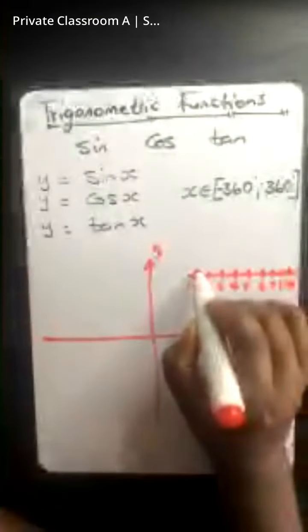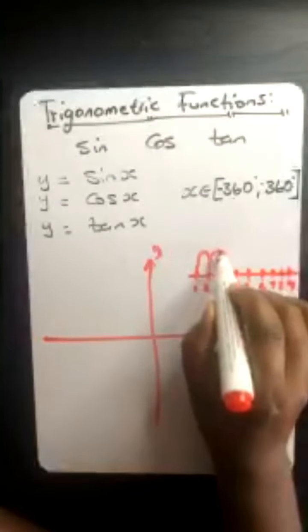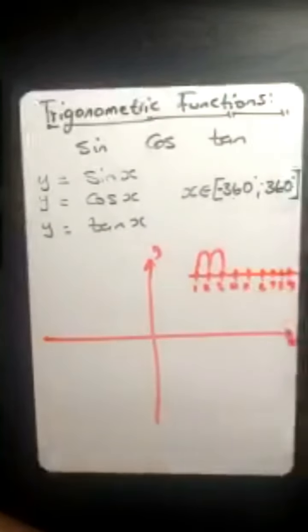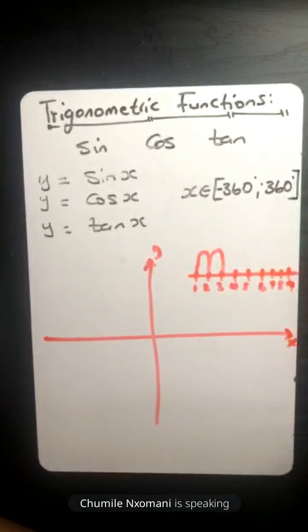I'm going to draw or write something here, Chumi. You tell me, what is this thing? It's either I've drawn it or I've written it. What is that letter? Is it not the letter M?